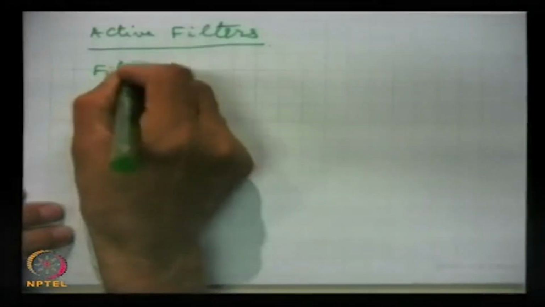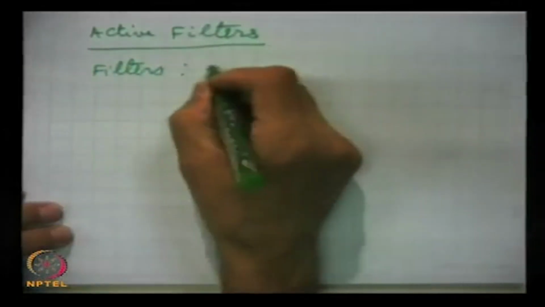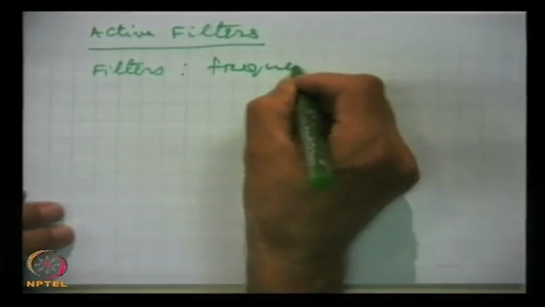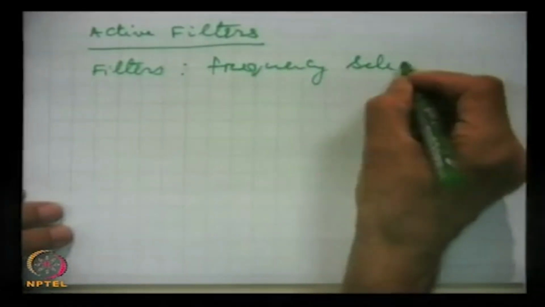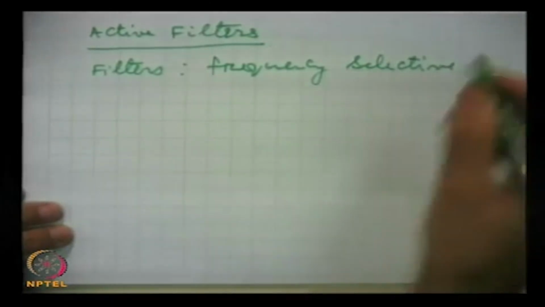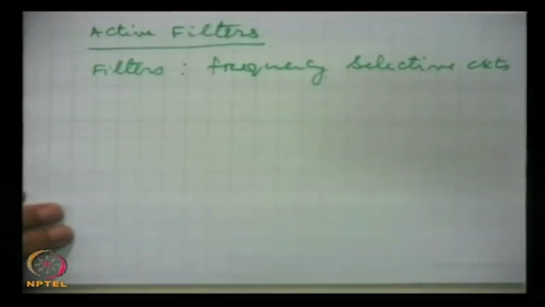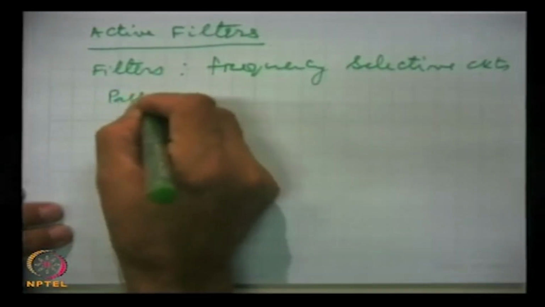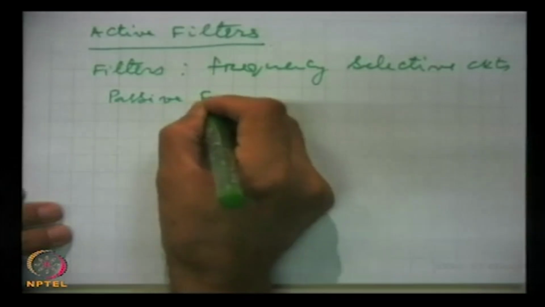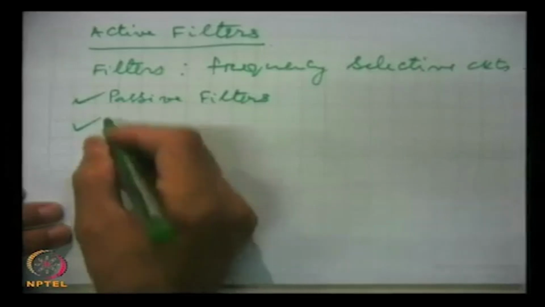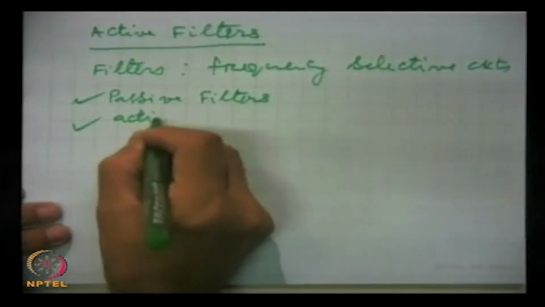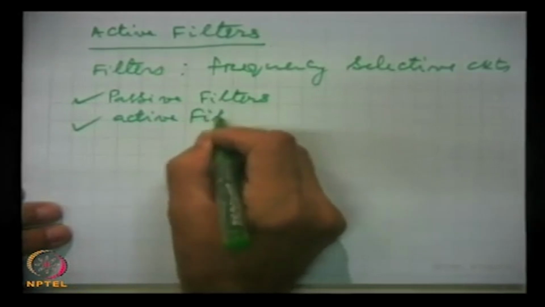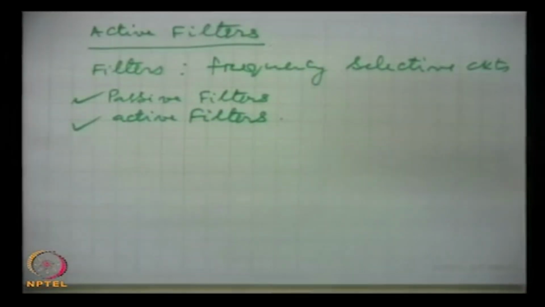Filters, these are frequency selective circuits, and they can be of two types, passive filters and active filters.